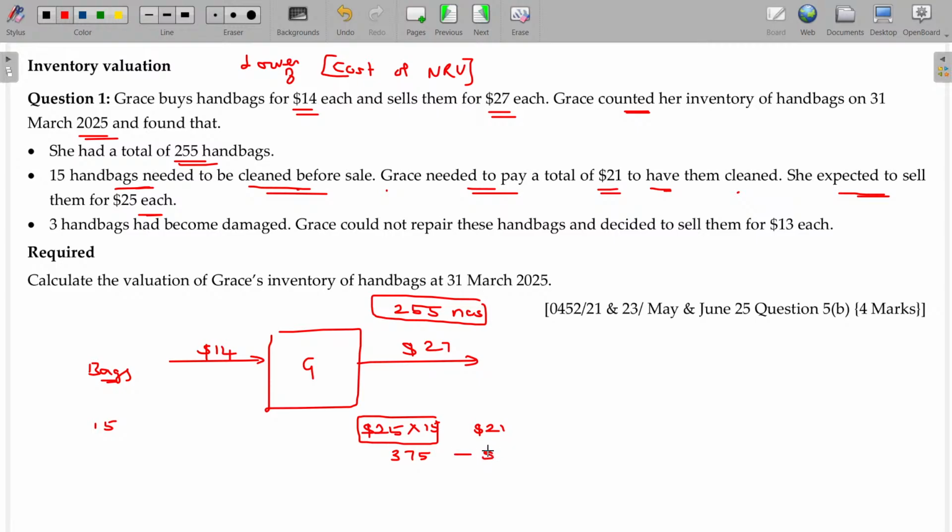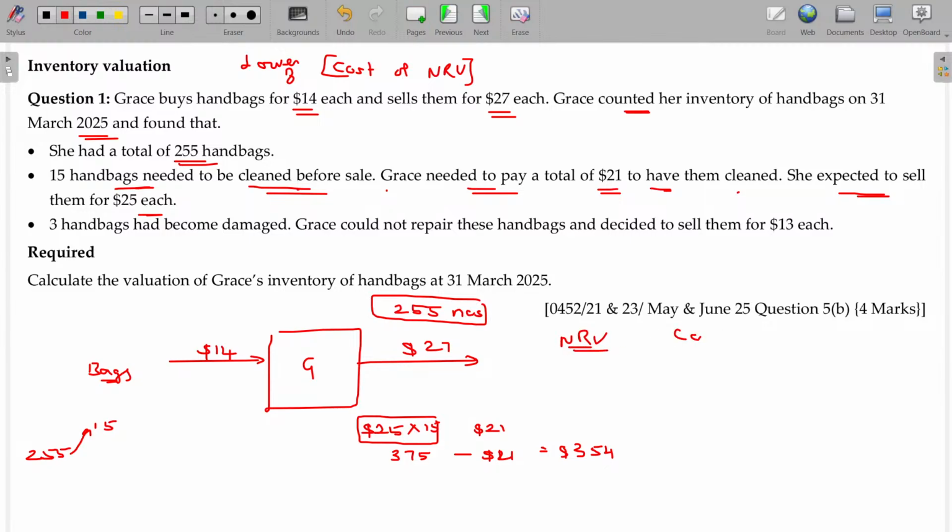You subtract this $21. What's the value? 354. Okay, this is the value for 15 bags. You have how many bags? 255 bags. Out of that, 15 bags will be valued at this rate. This is NRV.